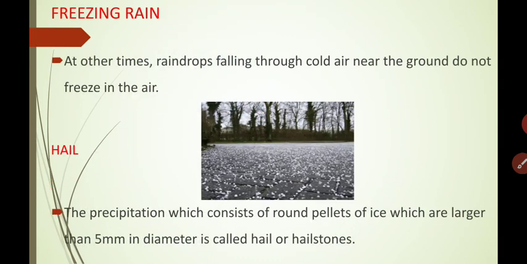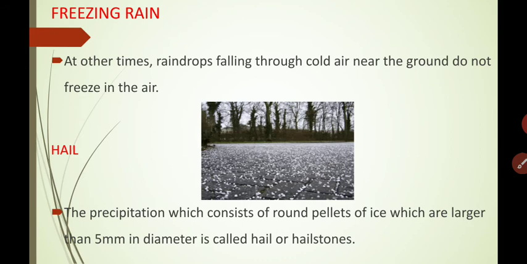Next one is freezing rain. At other times, the raindrop falling through cold air near the ground does not freeze in the air. Instead, the raindrop freezes when it touches the cold surface, and at that time it changes to freezing rain.